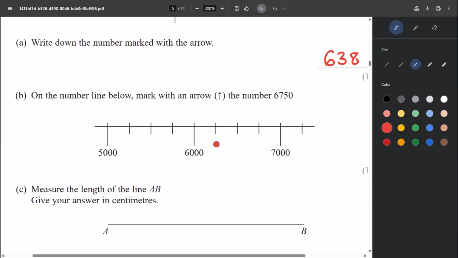Now, if you carefully look at this, the middle here is definitely going to be 6,500, exactly halfway between 6,000 and 7,000. That would mean that the numbers are adding in 250. So the number will be just sitting right here. This is the number 6,750.